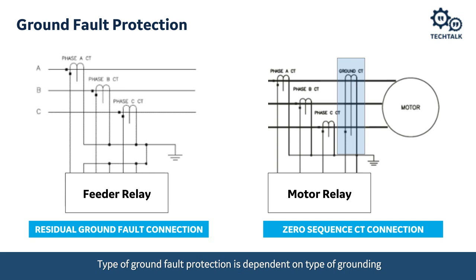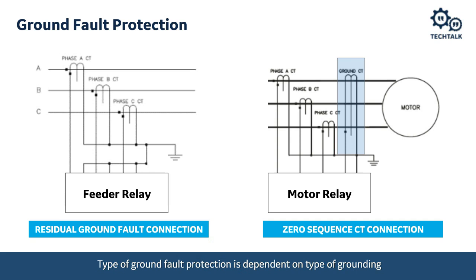Now this is fundamentally no different than the calculation of neutral current. So we're actually sort of measuring neutral there, because instead of having the relay calculate the vector sum, we're going to calculate that vector sum with the summation of our CTs.